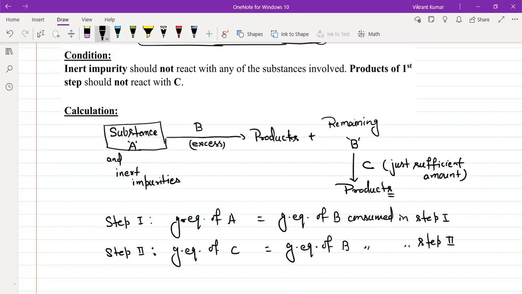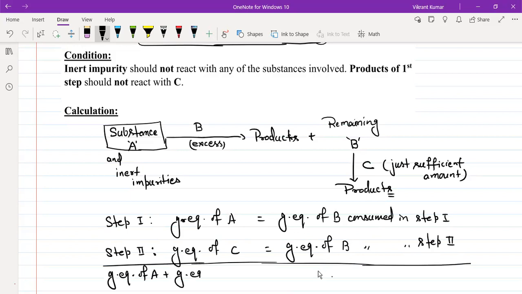If I add these, क्या हो जाएगा देखो, we'll say gram equivalents of A plus gram equivalents of C will become equal to total gram equivalents of B.